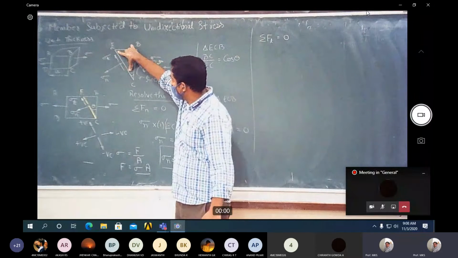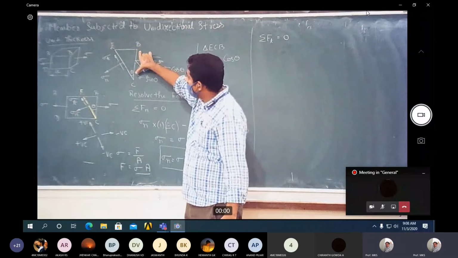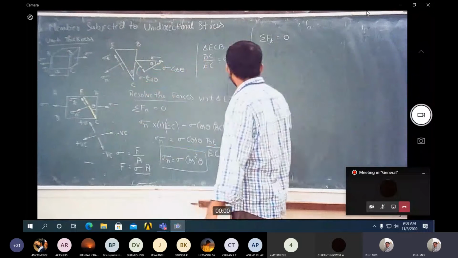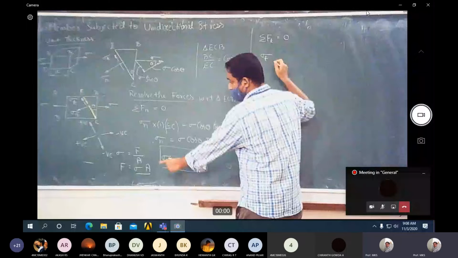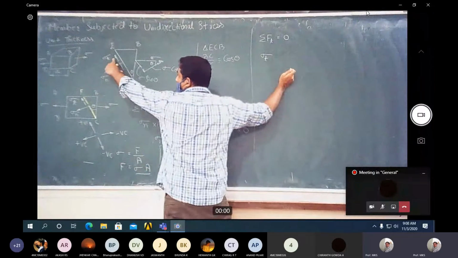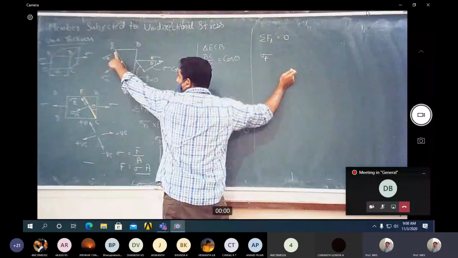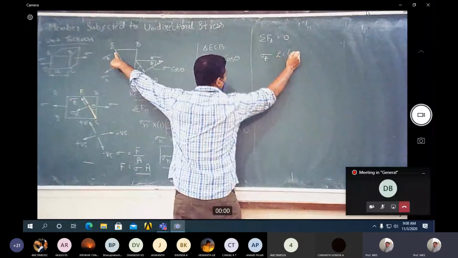Sigma T is acting on plane EC, and sigma sine theta is acting on plane BC. Sigma T is the stress, and force is stress into area, so it acts on the plane EC, with area EC into unit thickness 1.